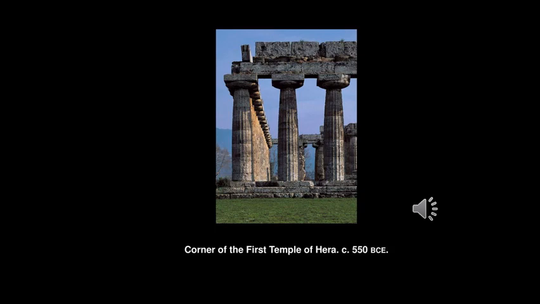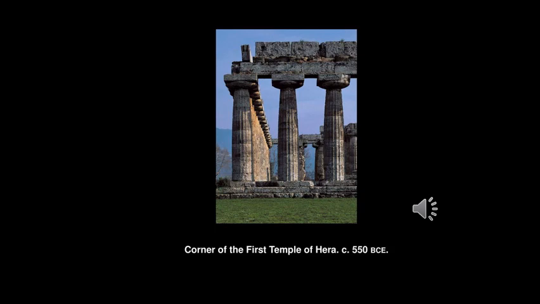Okay, so the corner of the first temple of Hera is in Italy. The columns or posts that support the structure were placed relatively close together. Marble was required to span too great of a distance, so they would have likely cracked. The fluting runs the length of the columns and unites the individual drums into a single unit.